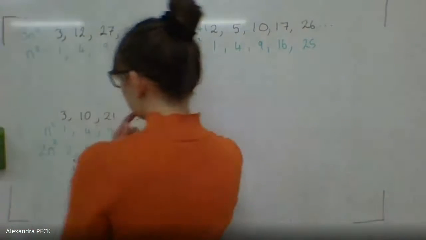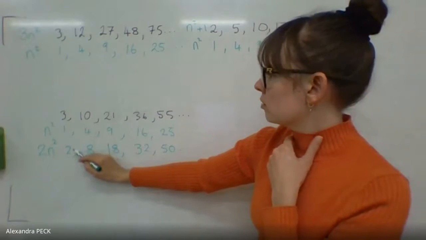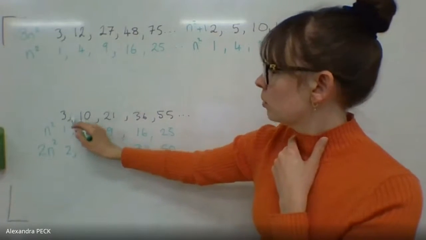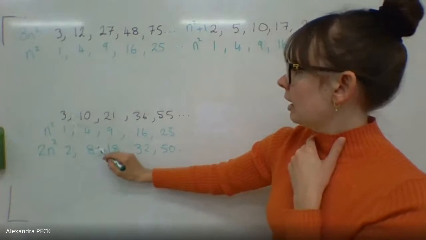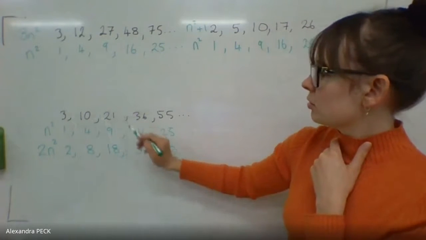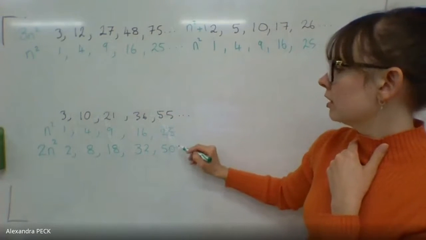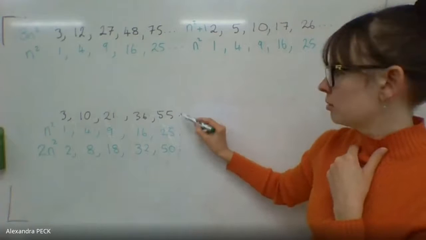Let's compare this sequence with the sequence I've got here. So 2 plus 1 is 3, 8 plus 2 is 10, 18 plus 3 is 21, 32 plus 4, and 50 plus 5, that gets me 55.